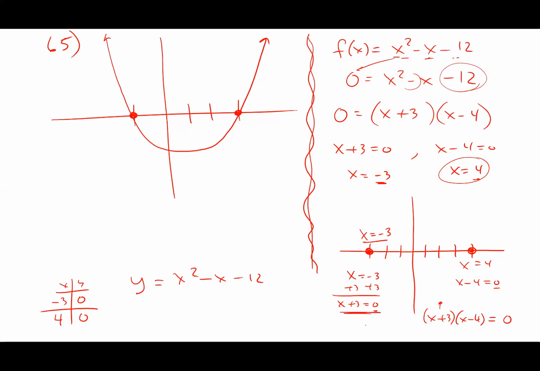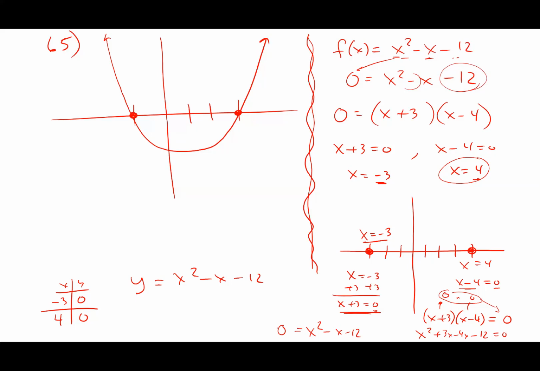It's 0. What is x minus 4 equal to? Yeah. So technically I'm just multiplying 0 times 0, which is just 0. So when I multiply this out, x squared plus 3x minus 4x minus 12 is still equal to 0, and eventually I get x squared minus x minus 12 still equal to 0. Are we good?